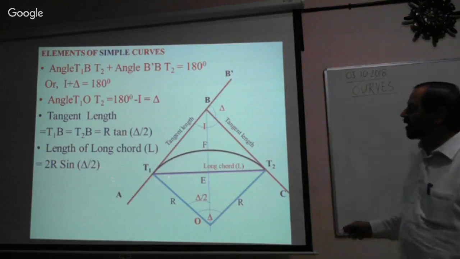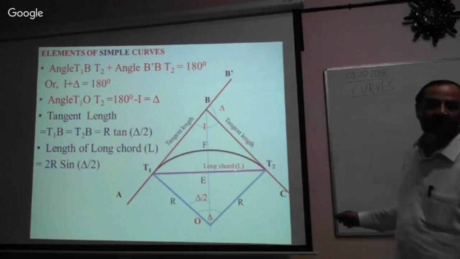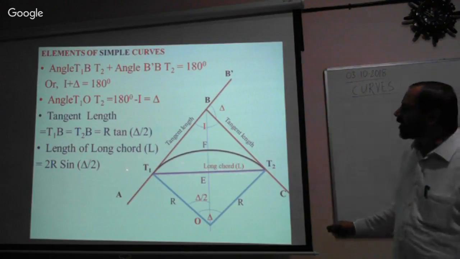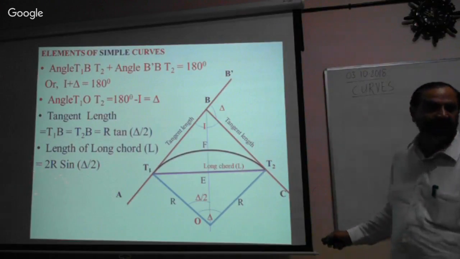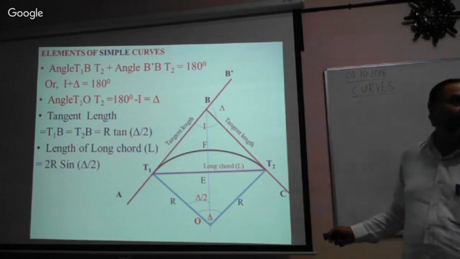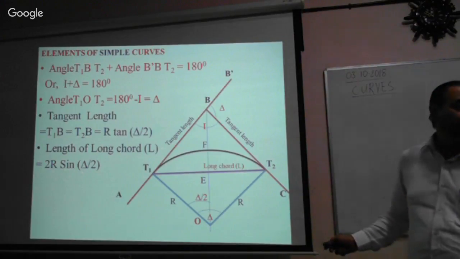Therefore, sending the 2 to the right side, the length of the long chord is L equal to 2R sine delta by 2.